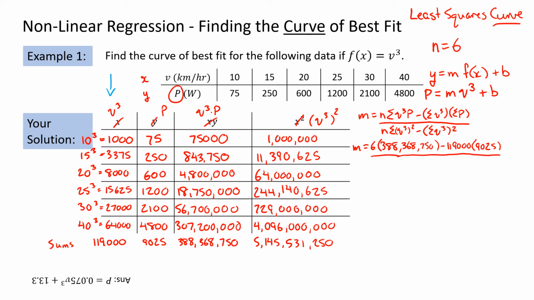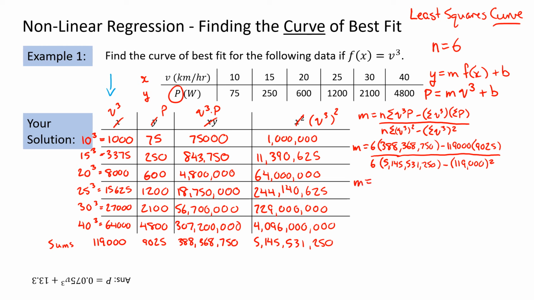And this is all divided by 6, the number of data points, times the sum of our x squared, which is our last column here, which is 5,145,531,250, minus the sum of our x, which is v cubed, so 119,000 squared.